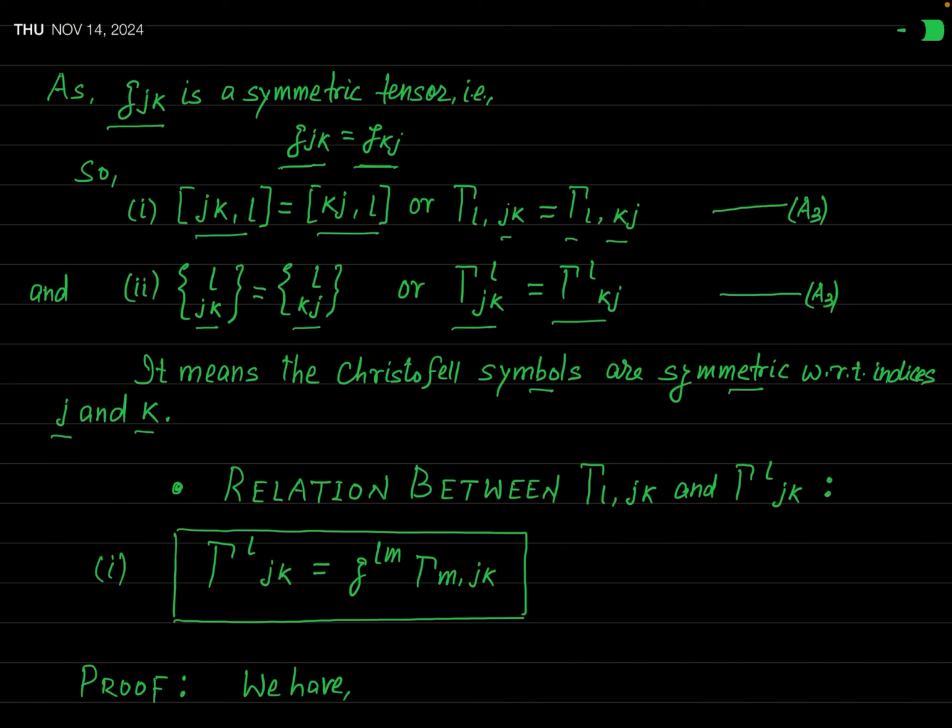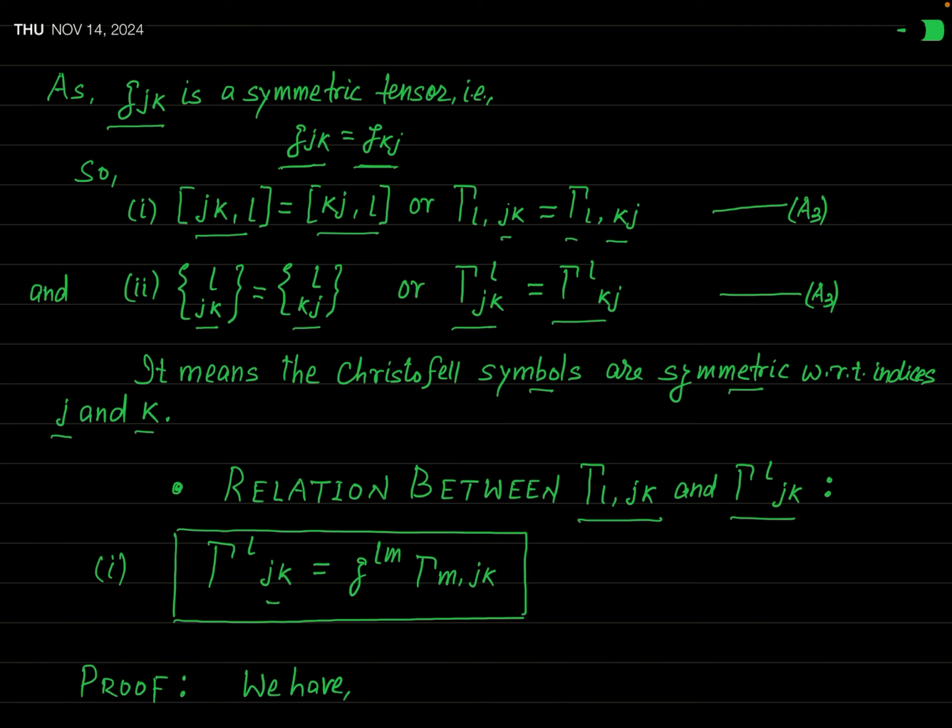Now let us see how these two kinds of Christoffel symbols are related to each other. If you talk about the second kind of Christoffel symbol, that is Γ^l_jk, this is related to the first kind of Christoffel symbol by this relation.